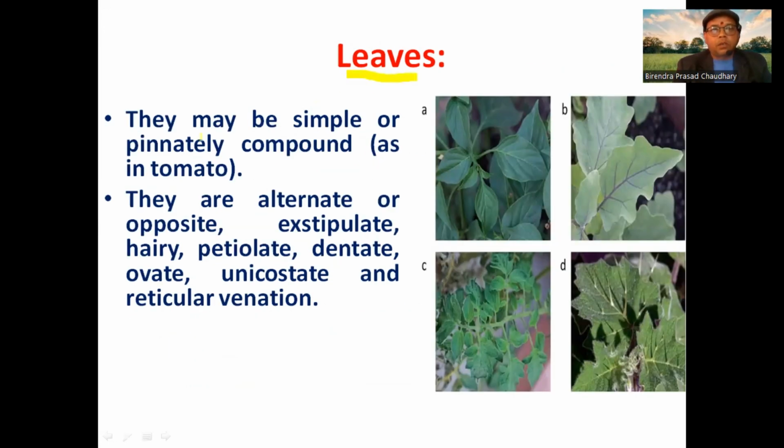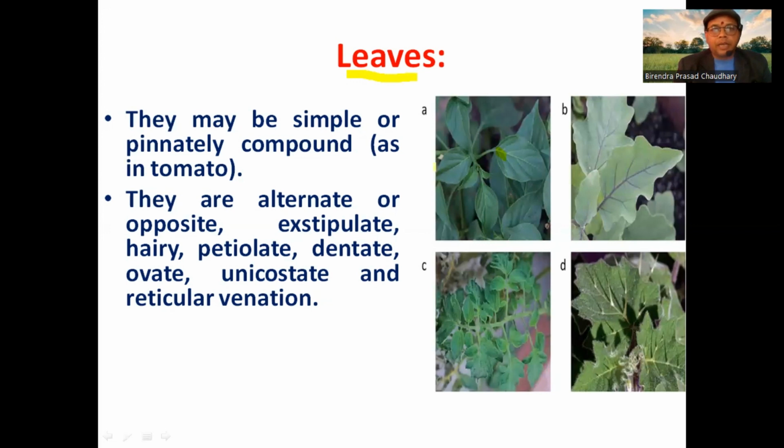Leaves may be simple or pinnately compound. The leaf, which is like this structure, is pinnate: they have one main midrib, then after that other ribs or midveins from where the other veins are generated. And in some of them, they have compound leaves.